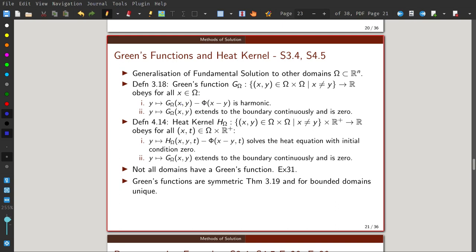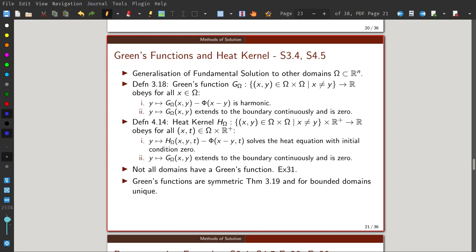So it should have a singularity at x. When y approaches x, its behavior should be similar to the fundamental solution. The difference between it and the fundamental solution should be a harmonic function. And we know that harmonic functions are very well behaved functions. So by saying the difference should be harmonic, we're saying that the difference should be controlled in some very nice way.